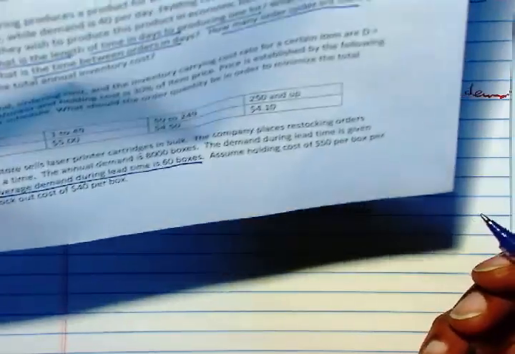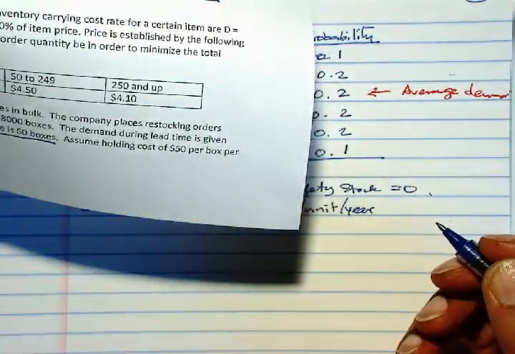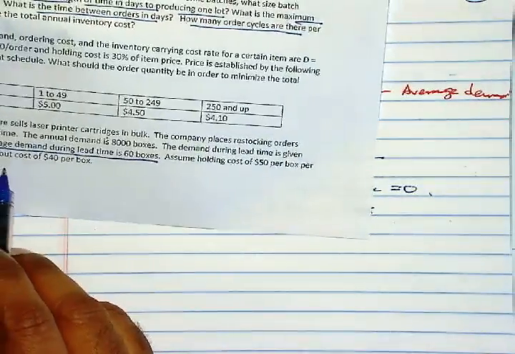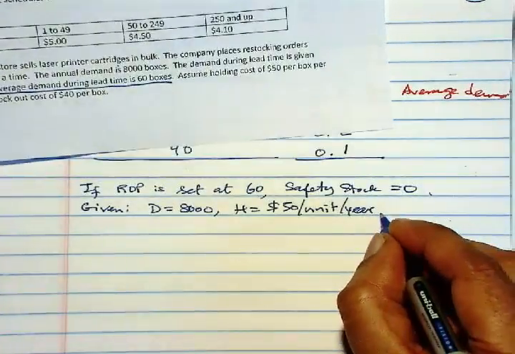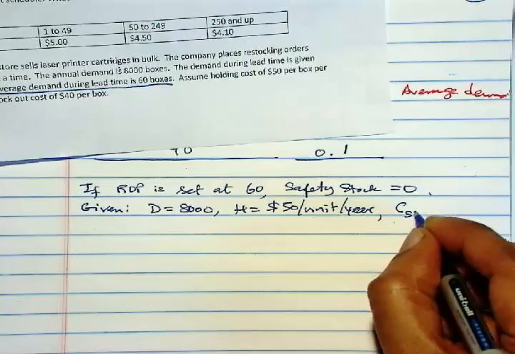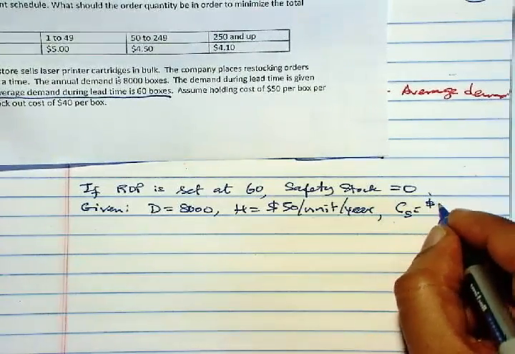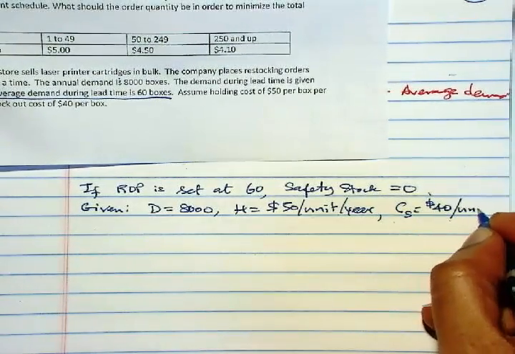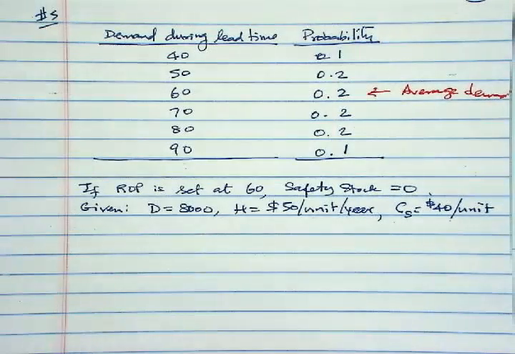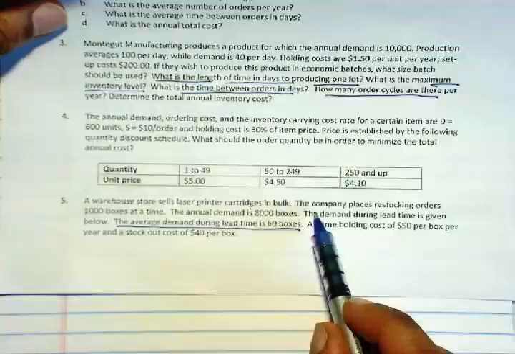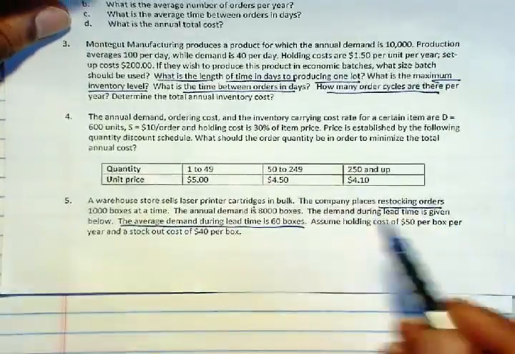and the cost of stockout, and that is per unit, is $40 per unit. And we are also told that the company places restocking orders 1,000 boxes at a time.